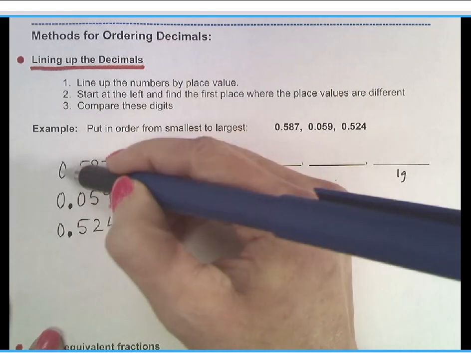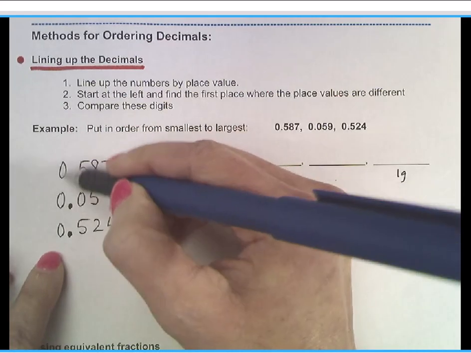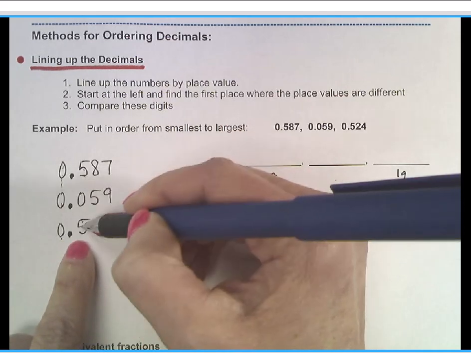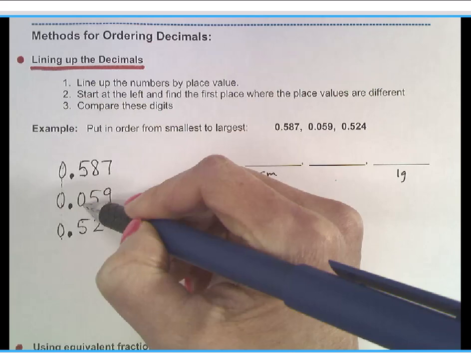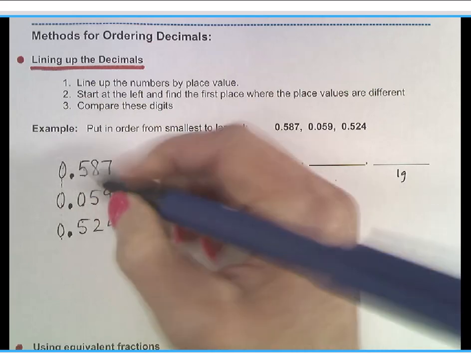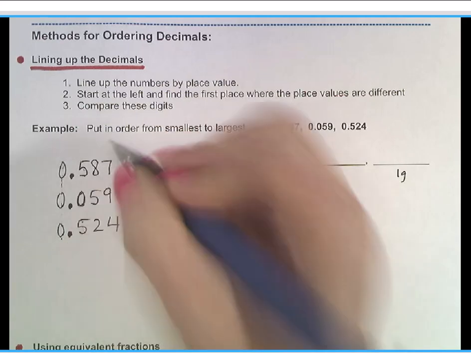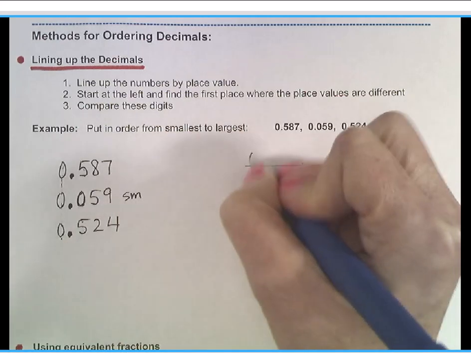So we just start. First of all, we have zeros for all of these. Next place value, two of them are fives, but one of them's a zero. So the smaller one, just with the first place value, we have found the smallest number.